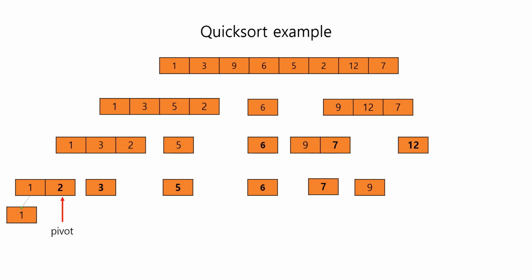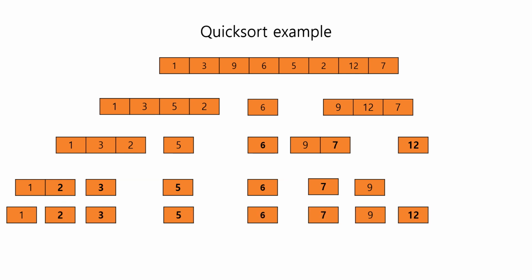And let's assume the next pivot for the left subarray of the pivot 3 is 2, and number 1 goes to the left.